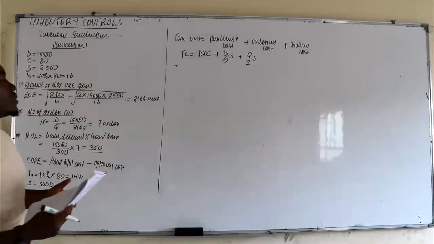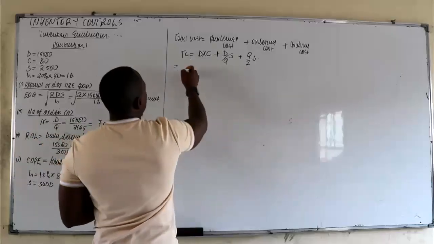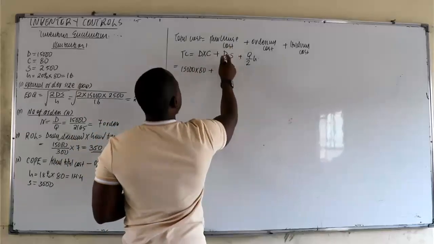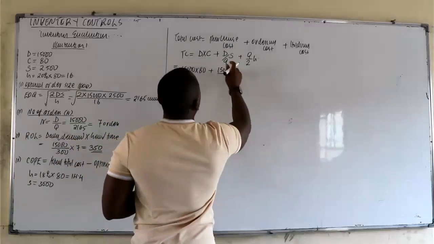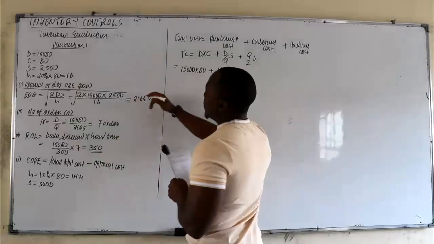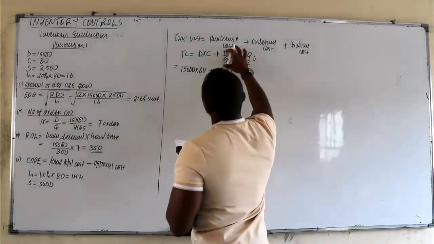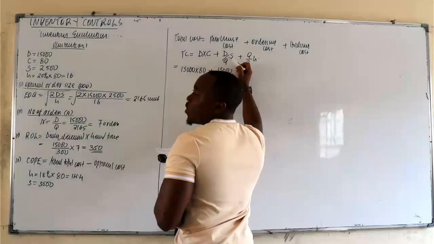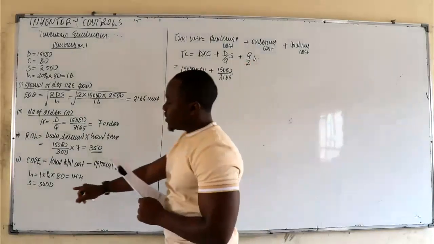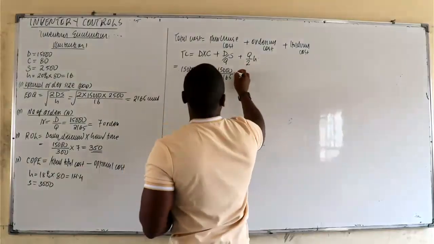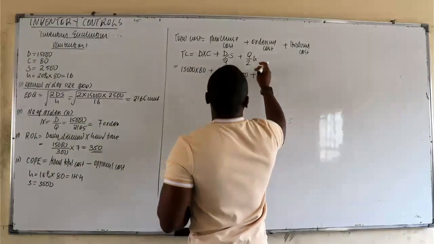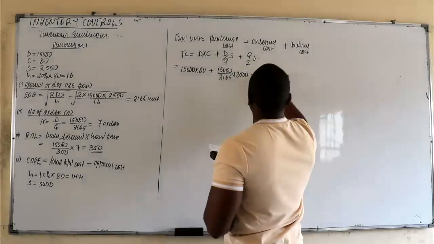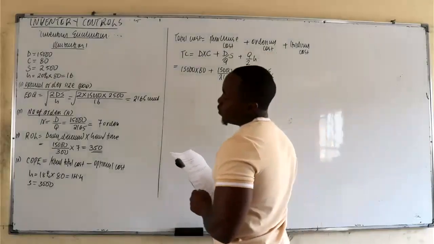To get the actual total cost, annual demand does not change. 15,000 units, each costing 80. You divide the annual demand by Q. Q is our EOQ, which is 2165, so that you get the number of orders. Once you get the number of orders, you multiply by the actual ordering cost per order, which in this case is 3,000. Then Q, the EOQ, you divide by 2 to get the average, then multiply by the actual holding cost.